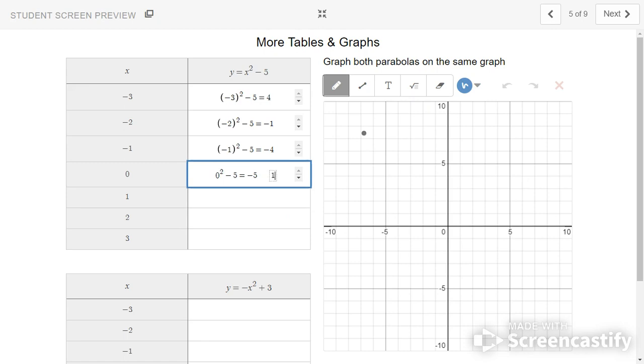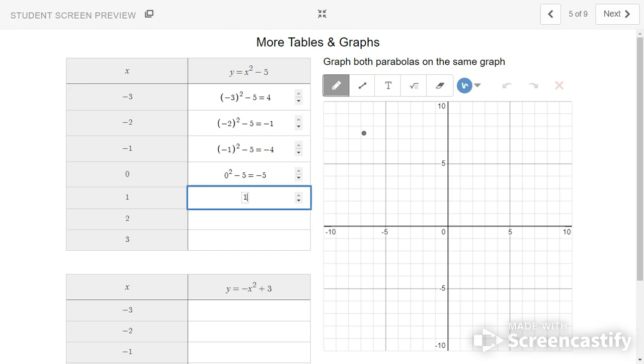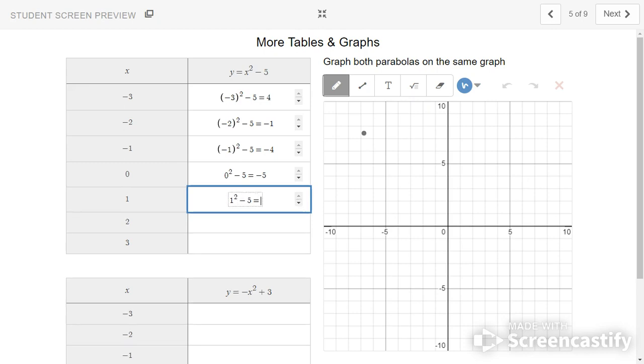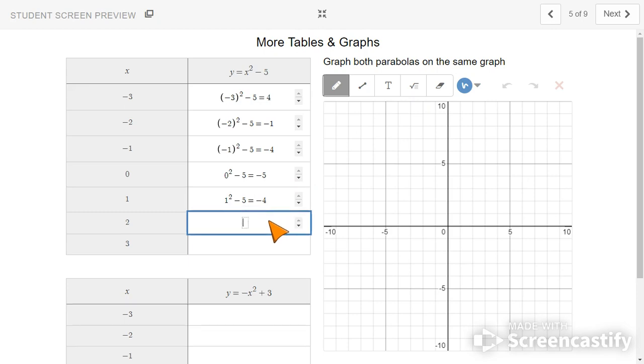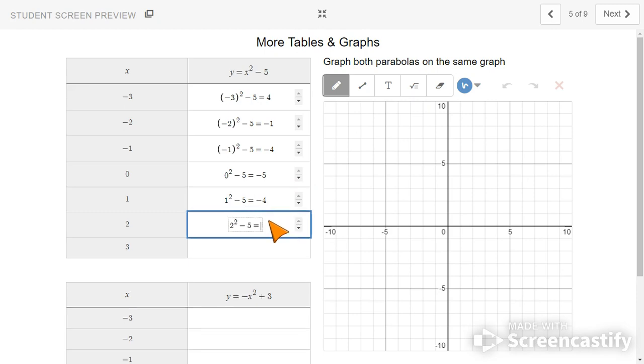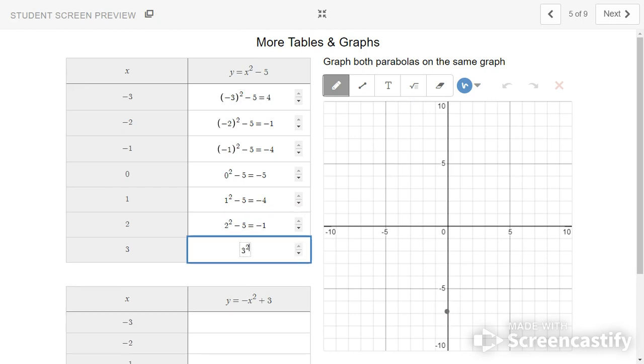1 squared minus 5 is equal to -4. 2 squared minus 5, that's -1. And finally, we have 3 squared minus 5, and that's +4.